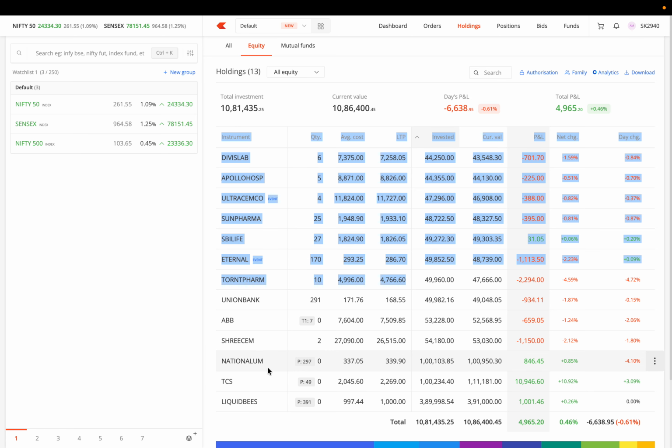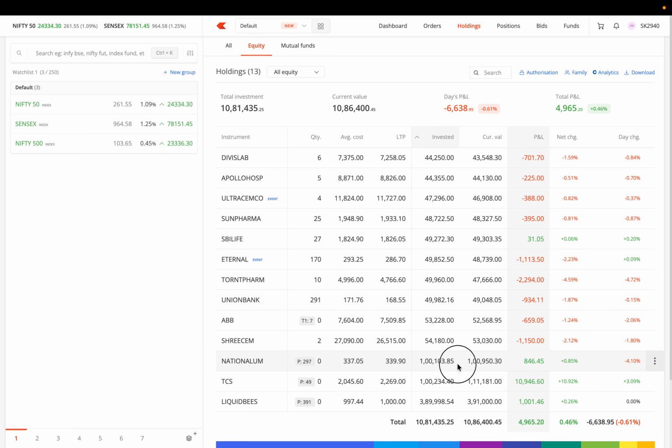So I'm going with 1 lakh for magic formula and 50,000 for project turtle.